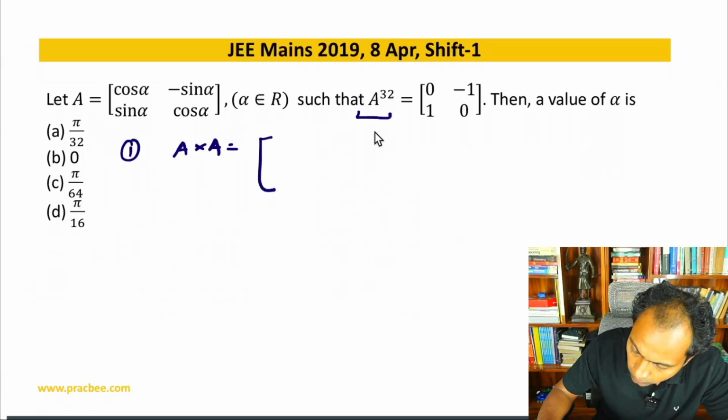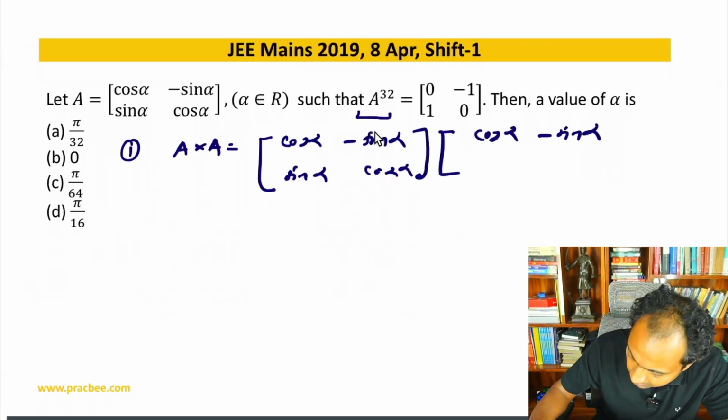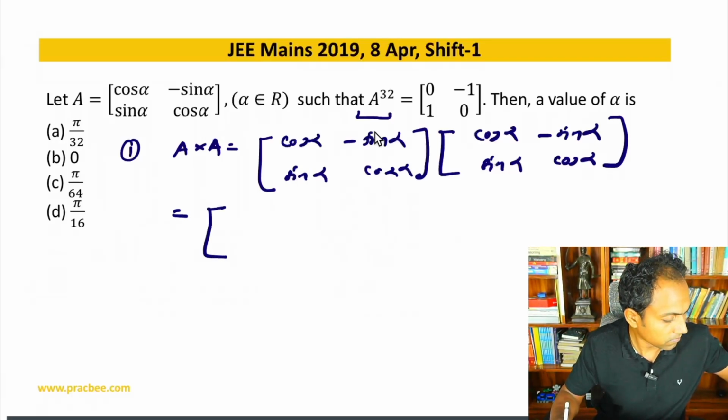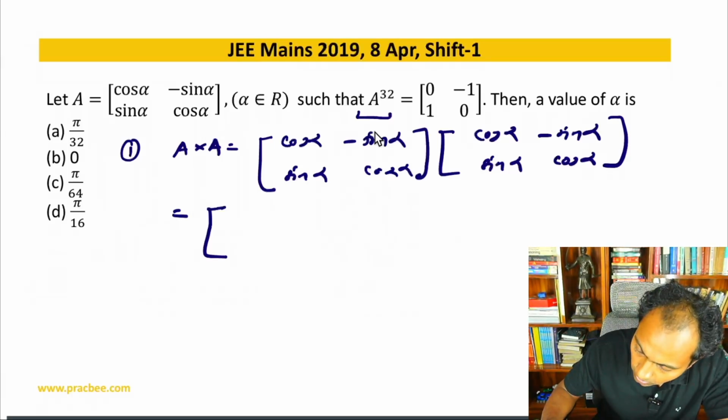If I do it so, what you are going to get is cos alpha, minus sin alpha, sin alpha, cos alpha. And again I will multiply it with cos alpha, minus sin alpha, sin alpha, cos alpha. If I multiply, you can see that it is going to become cos square alpha minus sin square alpha.